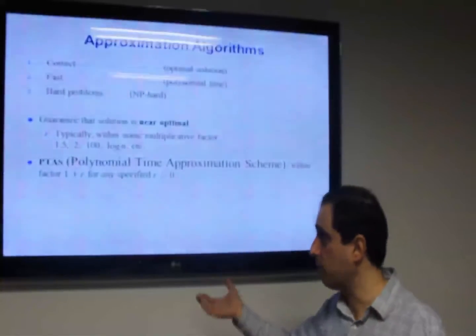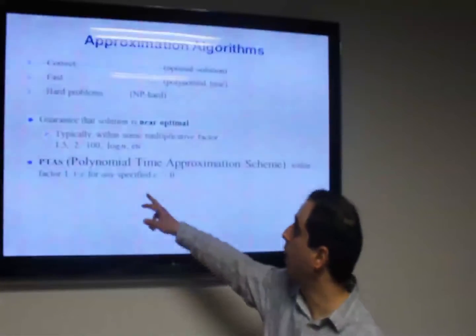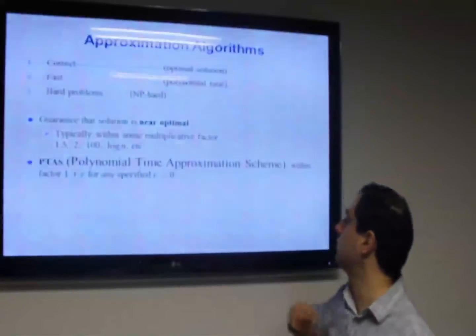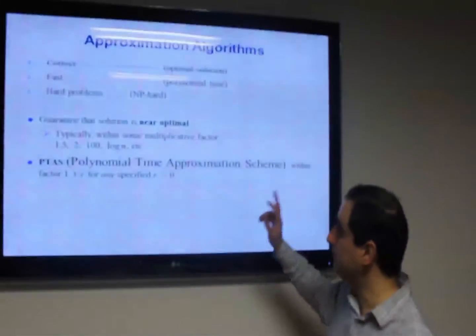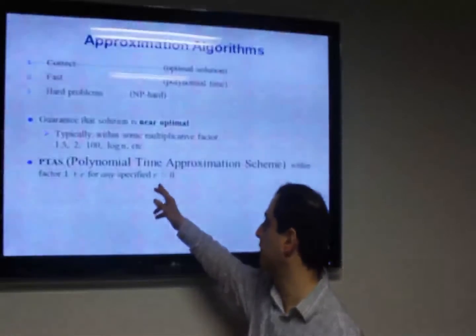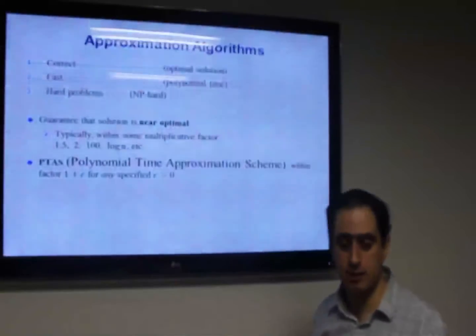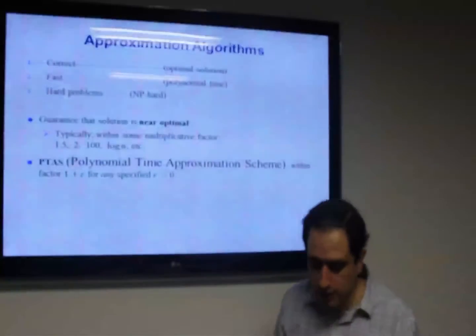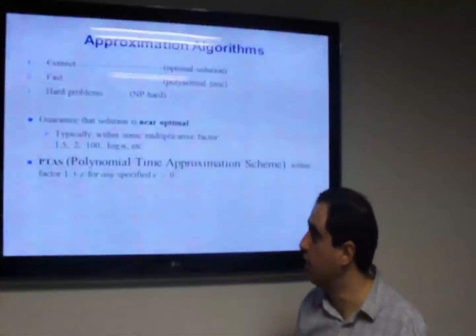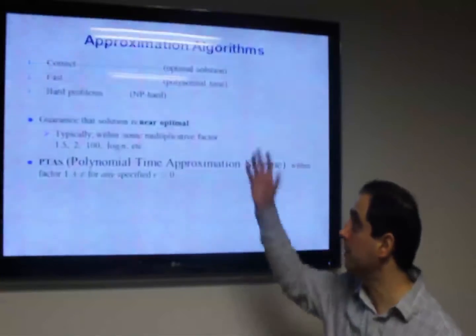Or the best type of approximation algorithm that we can have is a polynomial time approximation scheme. What's the meaning of that? It means that for any constant epsilon greater than 0, we can get a 1 plus epsilon approximation. That seems ideal because if epsilon goes to 0, then we should get essentially factor 1, which means the optimal solution.